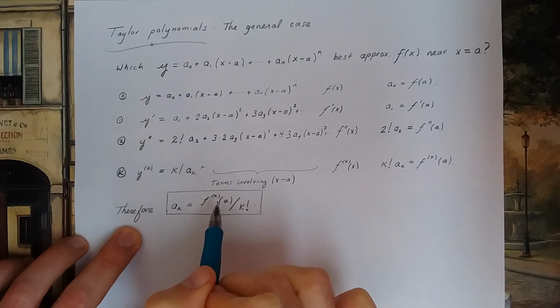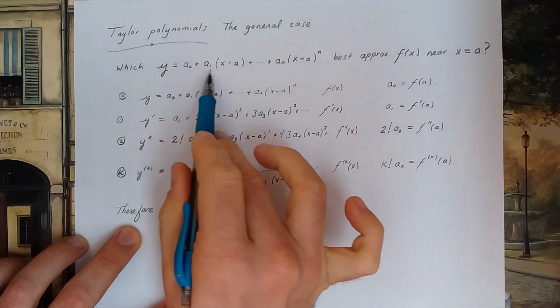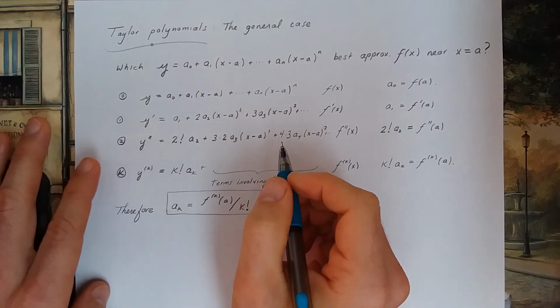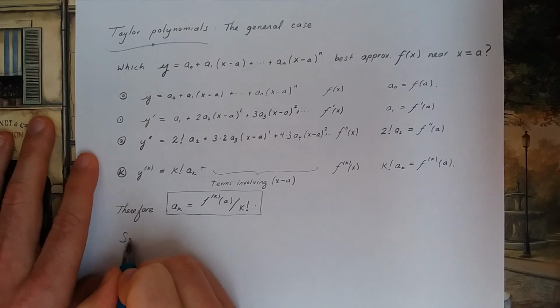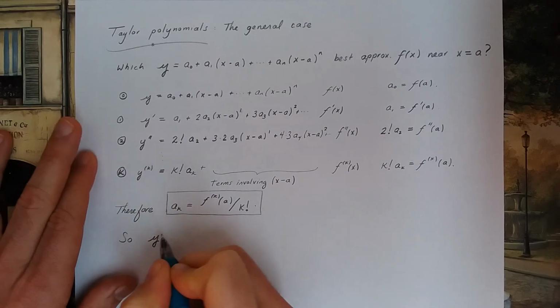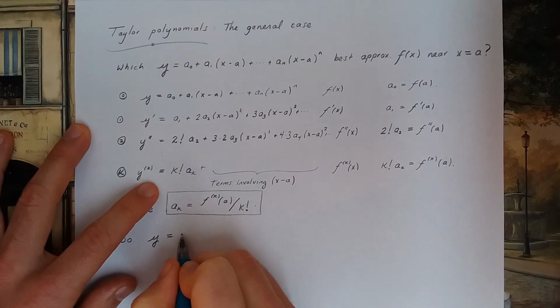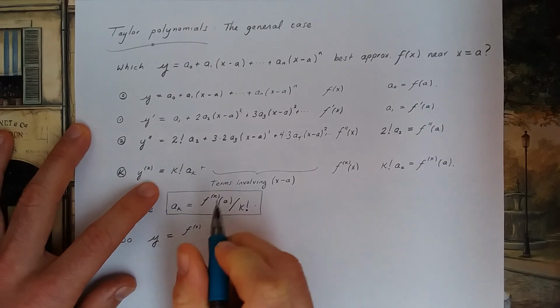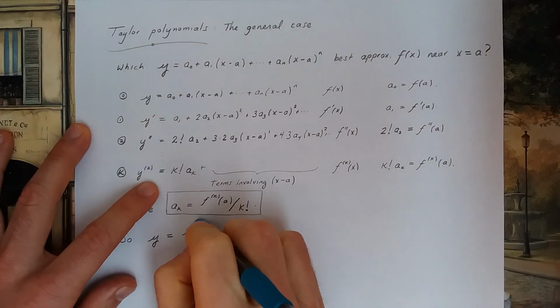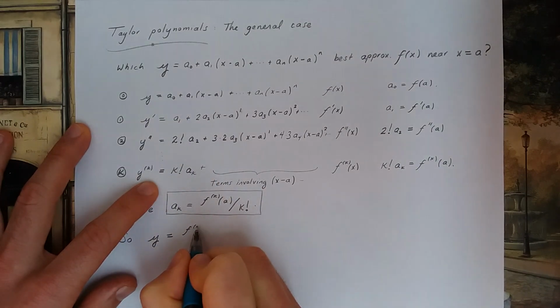Let me use this and write down the entire polynomial. So this tells me my polynomial y is equal to f taking 0 derivatives.